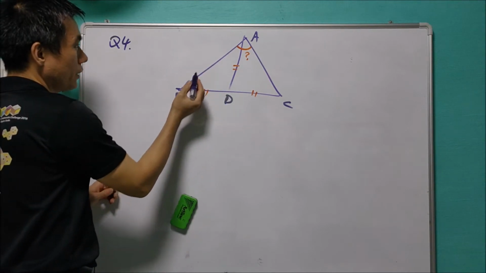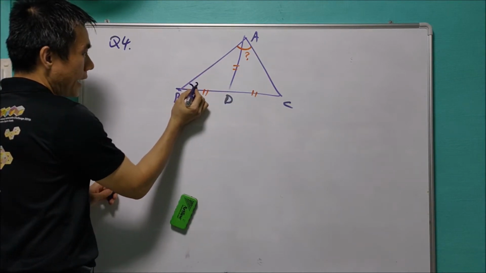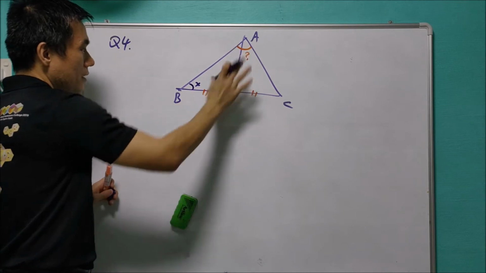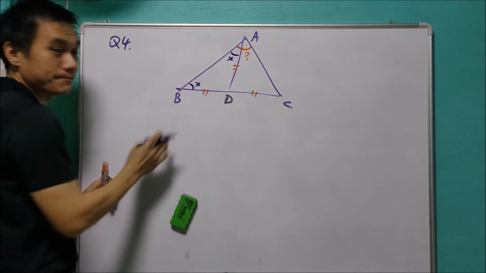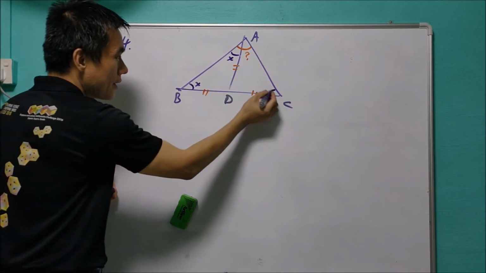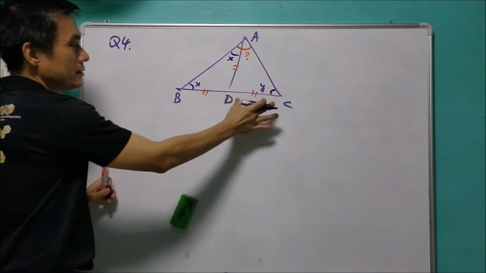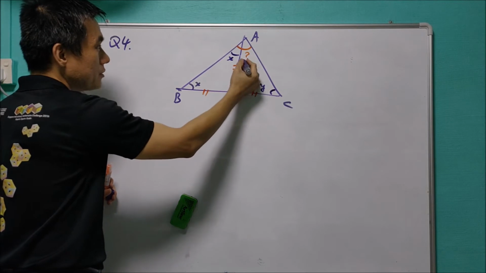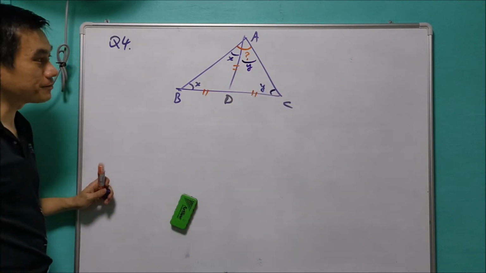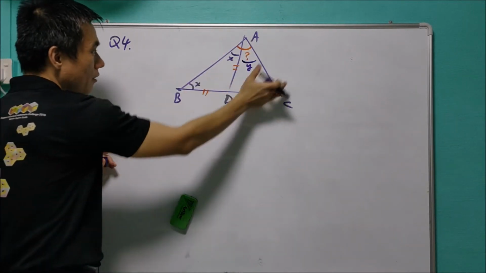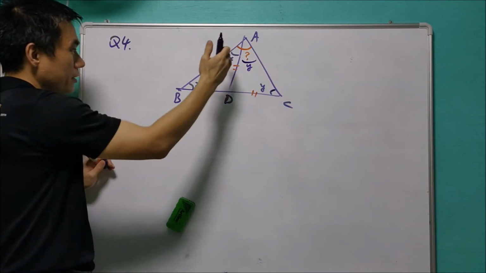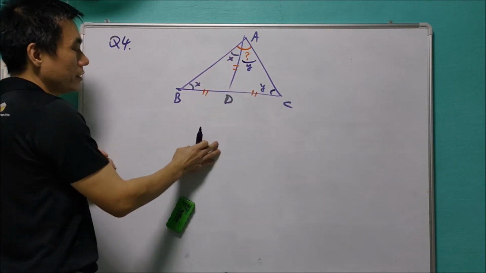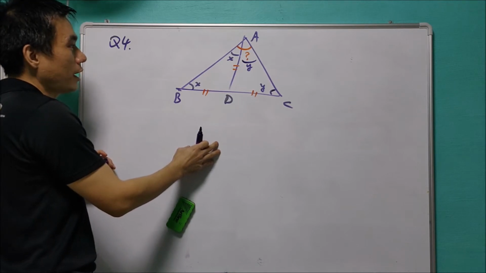So, we can let this be x, and since BD equals DA, this will also equal x. Likewise, I let this be y. CD equals DA, so this will equal y as well. And we know that the sum of internal angles of any triangle equals 180 degrees.